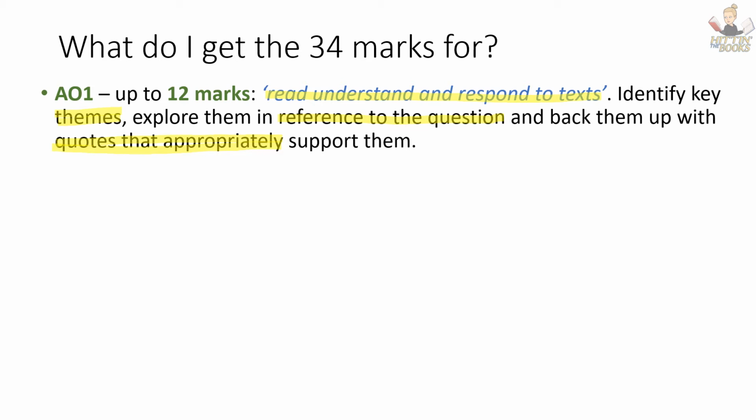For example, you've got a few bird quotations and you could write about the symbolism of birds, or some dark and light symbolism quotations, because they could come up with anything, and they of course back up this idea of themes. Okay, then you can explore those quite detailed by zooming in on single words, really writing about them well. Okay, that is your AO1 with up to 12 marks available out of your 34.